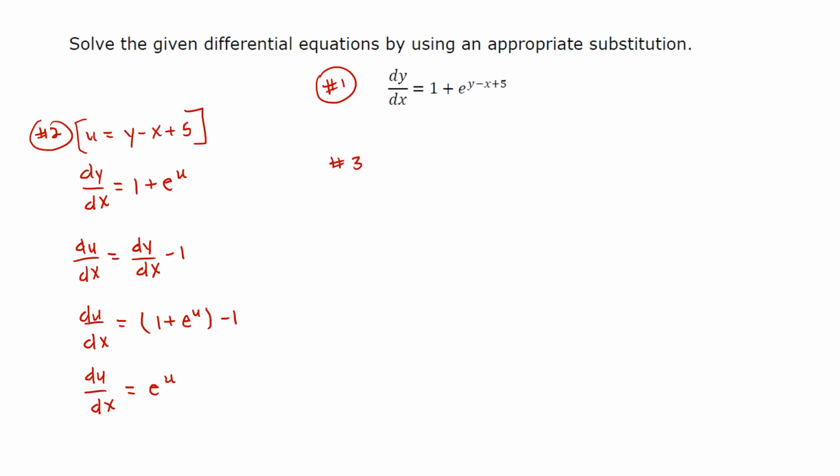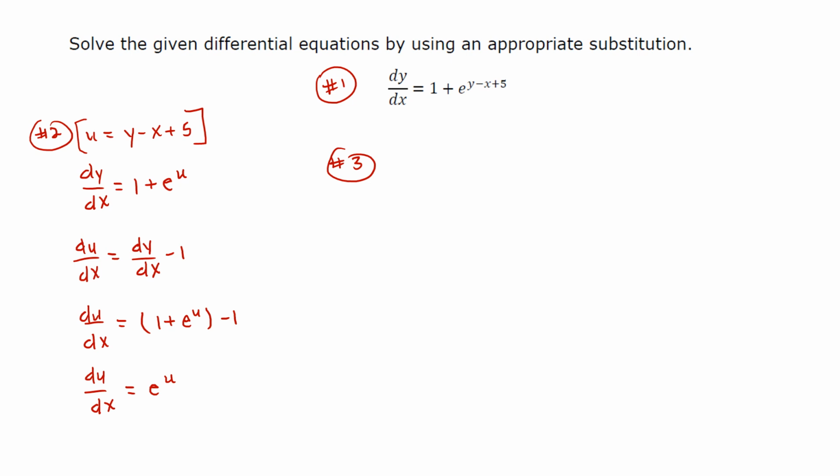Step number 3 says to simplify and separate variables to get du over g of u, so that's our equation in terms of u, equal to dx. Okay, so we have du over dx equals e to the power u.